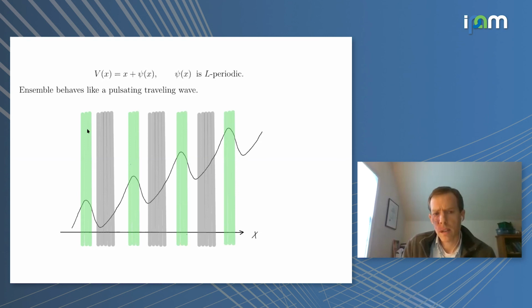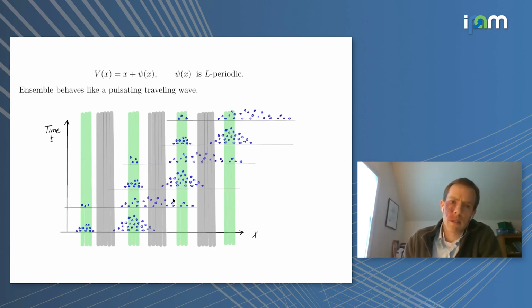Here I'm highlighting in green the regions where the fitness function V has local maxima, and in gray, regions where the fitness function has local minima. The particles have to pass through these local minima in order to get to higher fitness. Right?